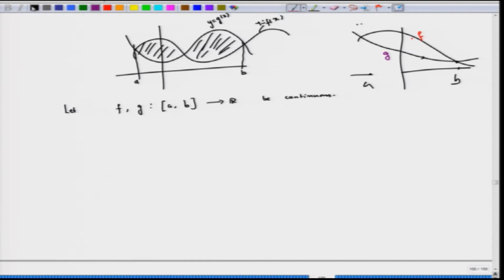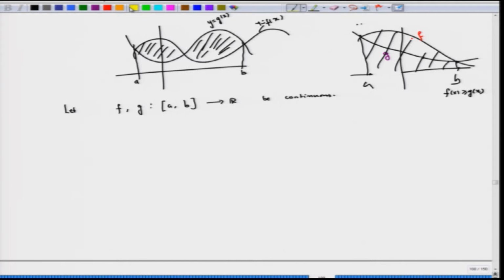Now, as we can see for this one, f of x is greater or equal to g of x. So, if I find the area under the curve f, then I am going to compute the area of this region.